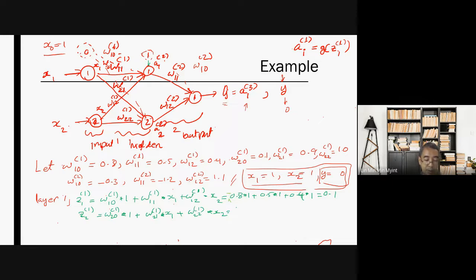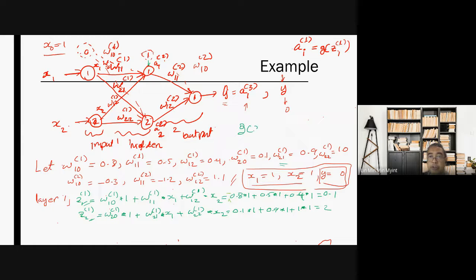If we substitute, W20 is 0.1 multiplied with 1, plus W21 is 0.9 multiplied with 1, plus W22 is 1 multiplied with 1. This will be equal to 2. Please keep in mind that this is multiplication.